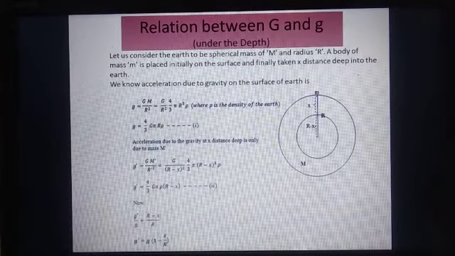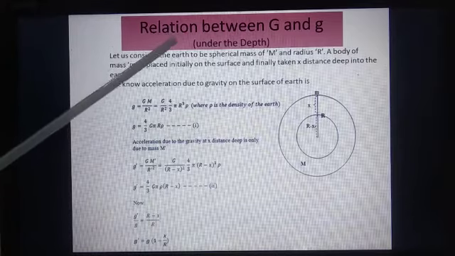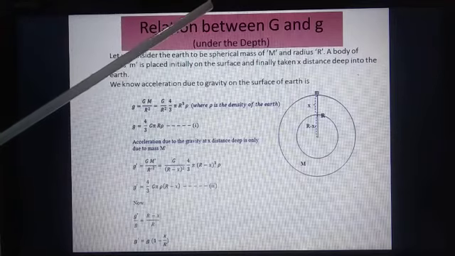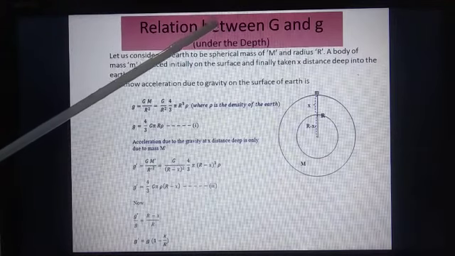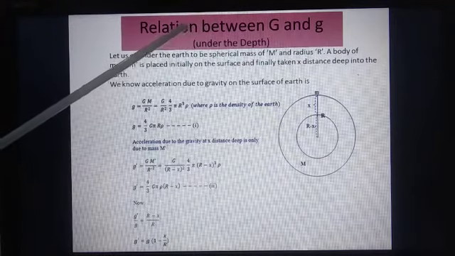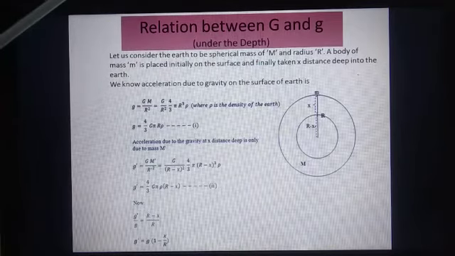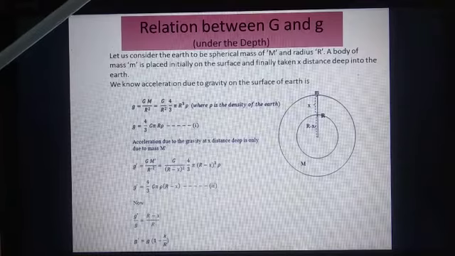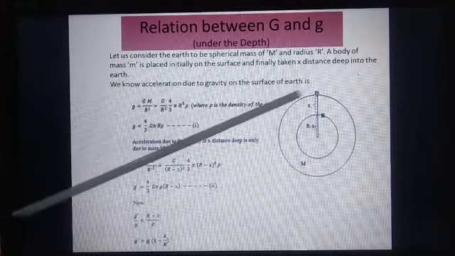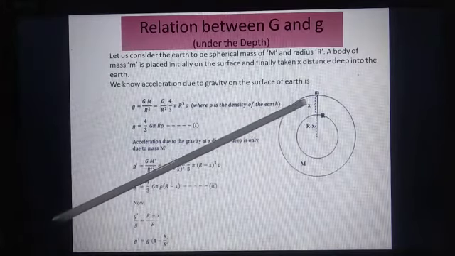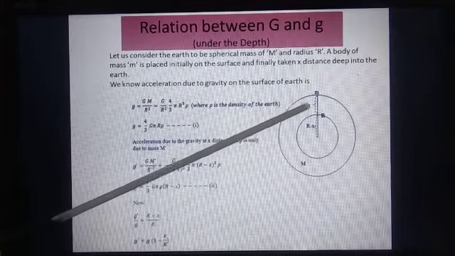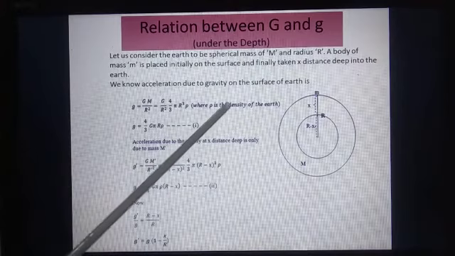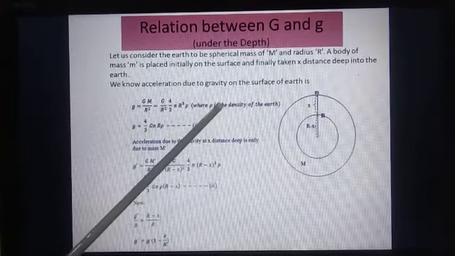Now we move towards a critical case, that is once again the relation between the gravitational constant, capital G, and acceleration due to gravity, small g, under the depth of the surface. Means what is the value of acceleration due to gravity under the earth? For that we consider x as the depth inside the earth. For that we use the concept of density.